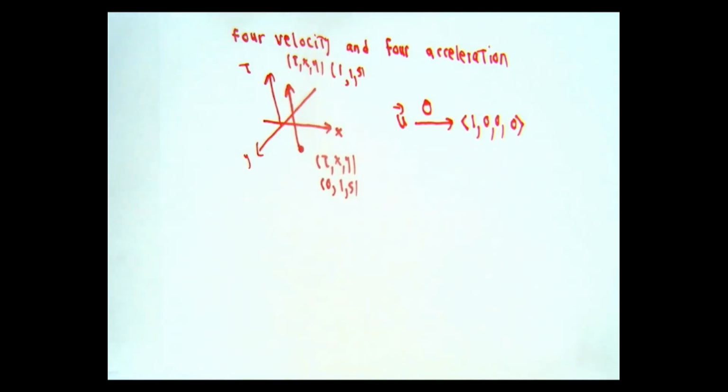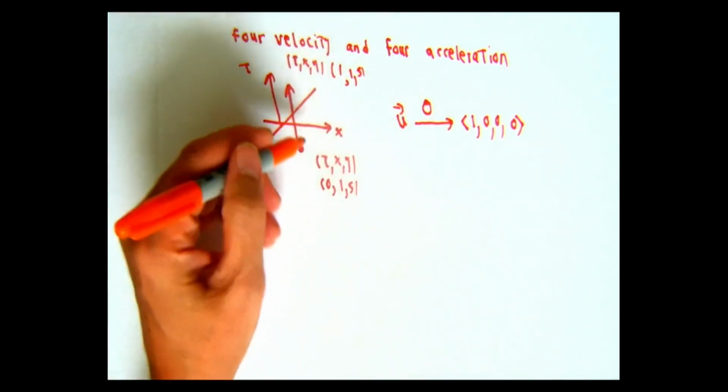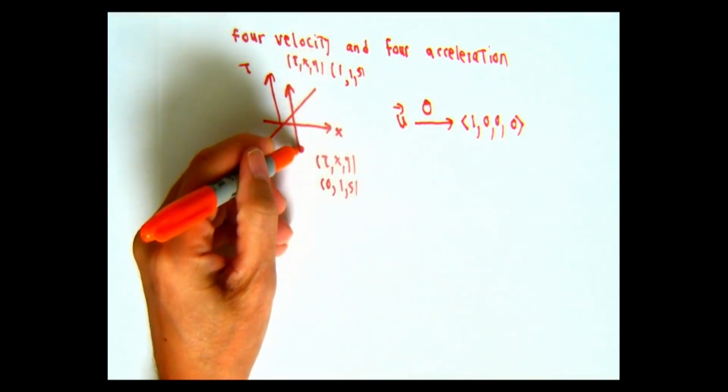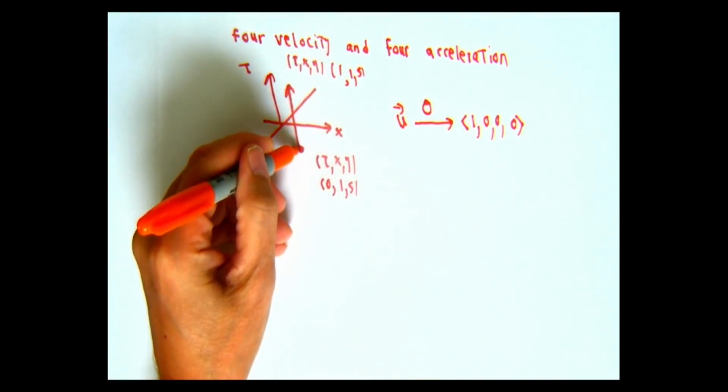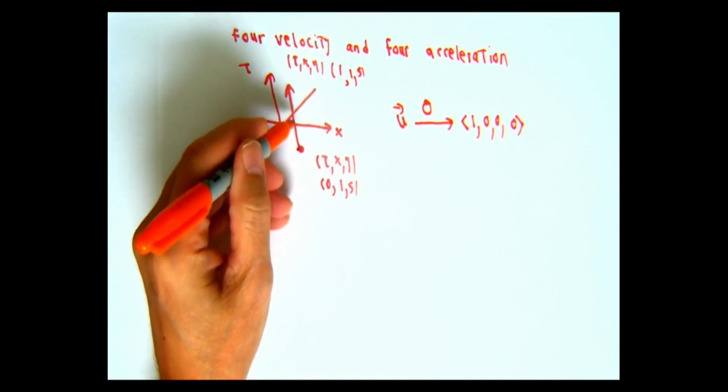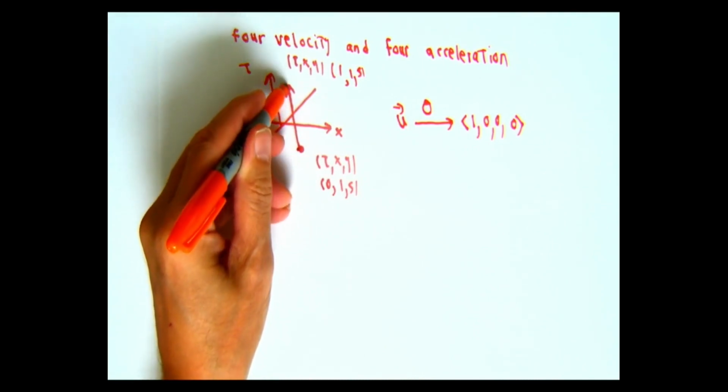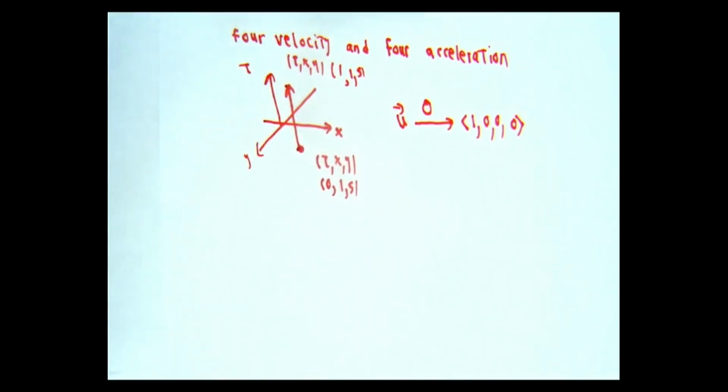We have defined the 4 velocity to be the vector that stretches from this point to the same point with its time coordinate increased by 1. If this were calculus 3, this would be the unit tangent vector along the world line.